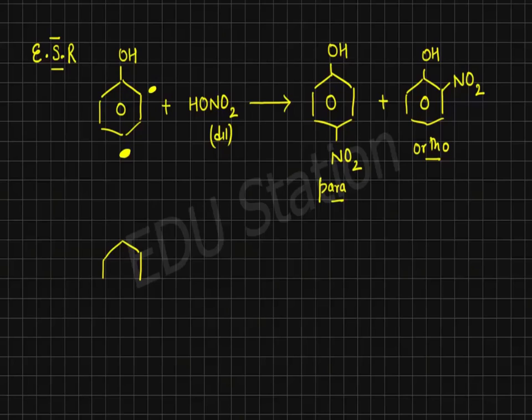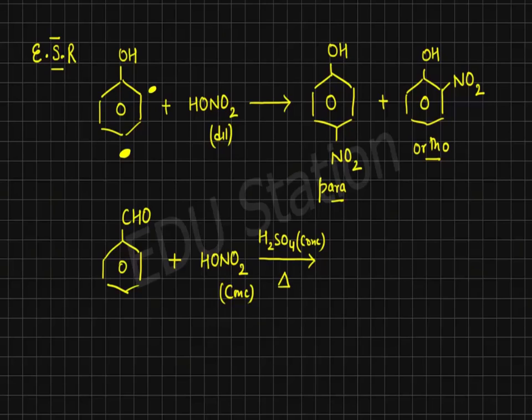Now, instead of phenol, in second example, we are taking benzaldehyde. Now, if we add dilute nitric acid, nothing happens. In this case, we have to use concentrated nitric acid in presence of concentrated sulfuric acid as catalyst and heat.